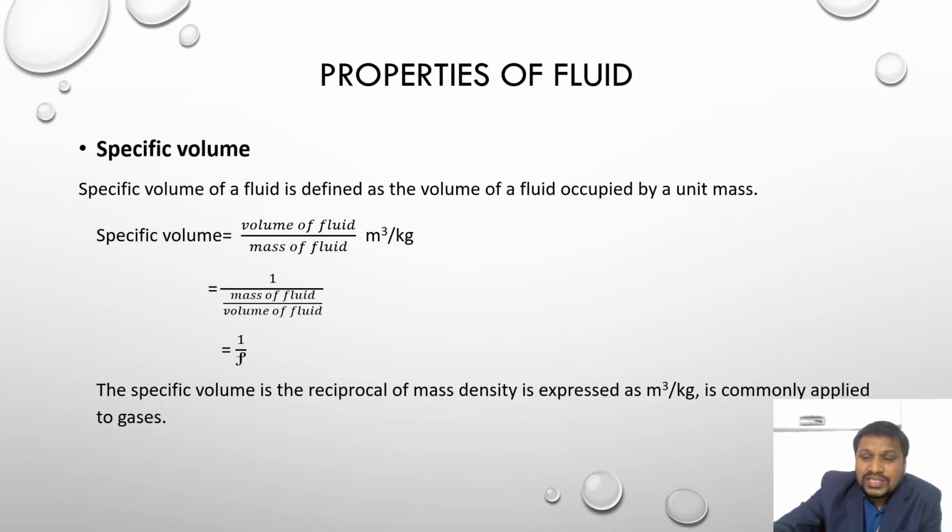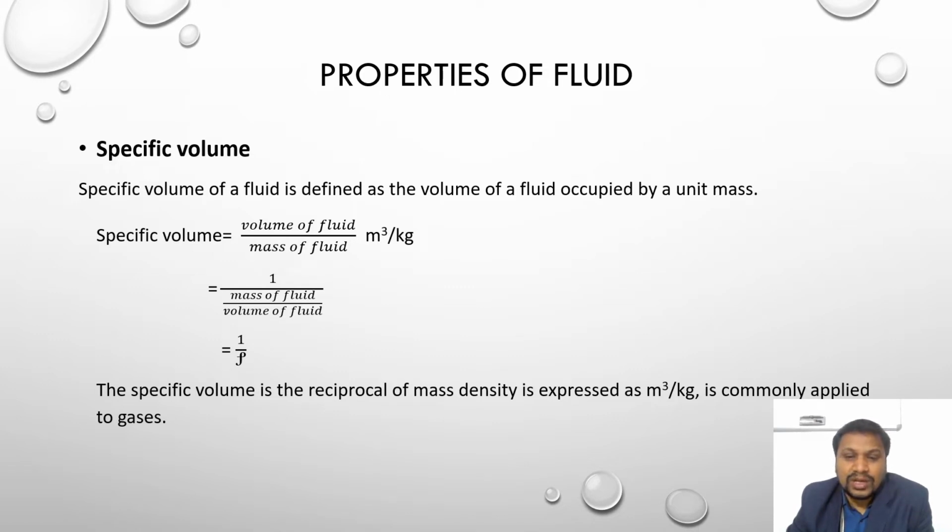Next is the specific volume. Specific volume of a fluid is defined as the volume of fluid occupied by a unit mass, or we can say it is the reciprocal of mass density.